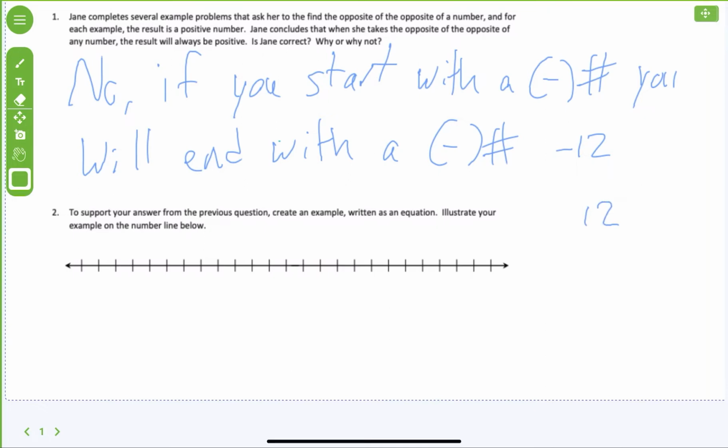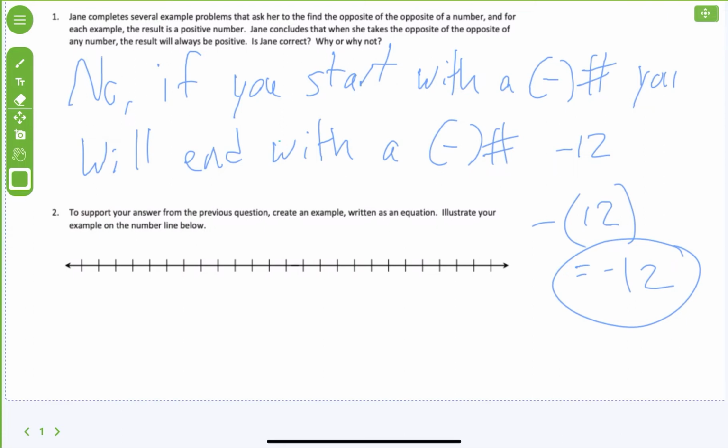No, the opposite of negative 12 is 12. Now, we're to find the opposite of that, which is equal to a negative 12. Yes, good job, Celine.